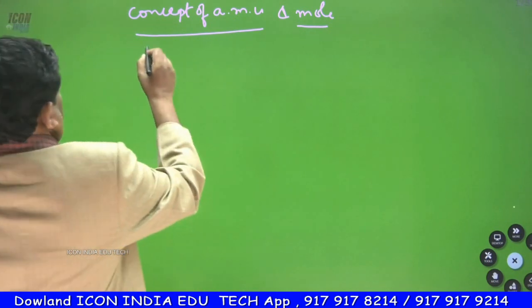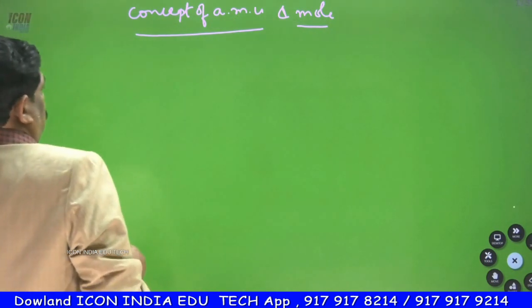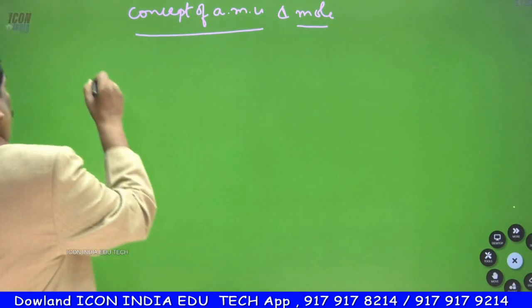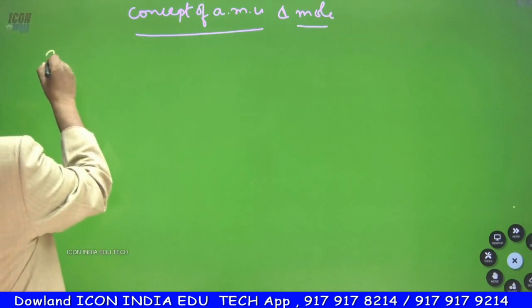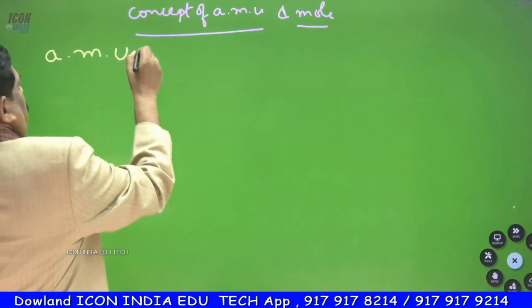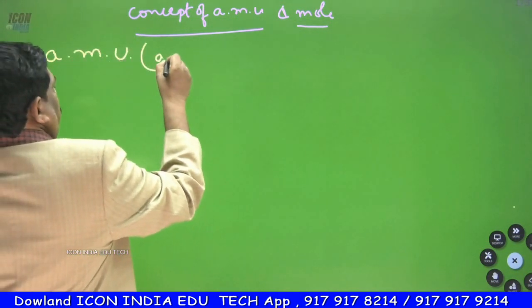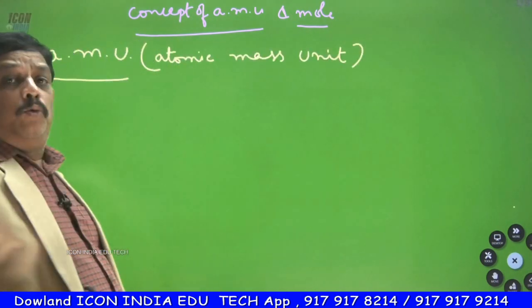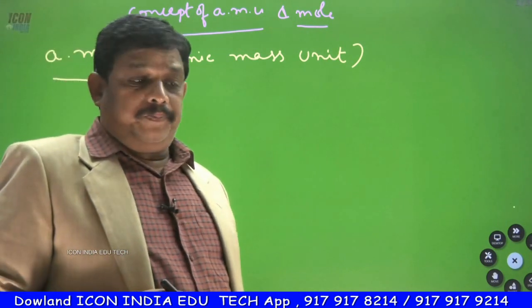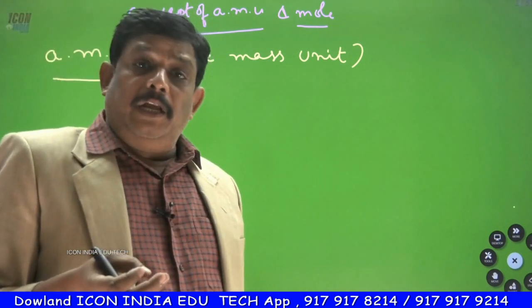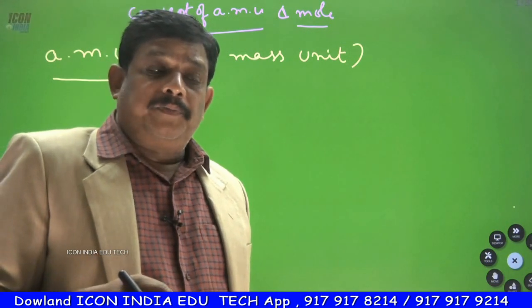Concept of AMU and mole. In this concept, what is this AMU? Atomic mass unit. AMU is atomic mass unit. What is the importance of AMU? See, atoms and molecules are very light particles.